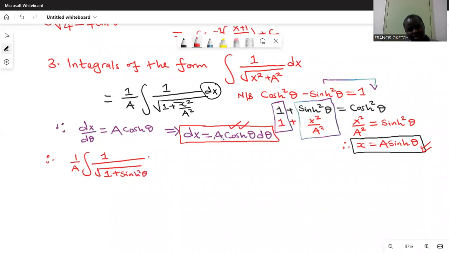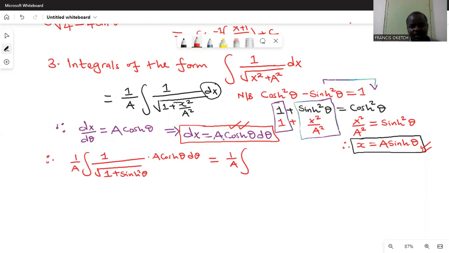Then instead of dx, that would be a cosh theta d theta. So this gives you 1 over a, the integral. Now, what is 1 plus sinh squared theta? That is cosh squared theta. And because you have the square root, when you take the square root of cosh squared theta, we get cosh theta.